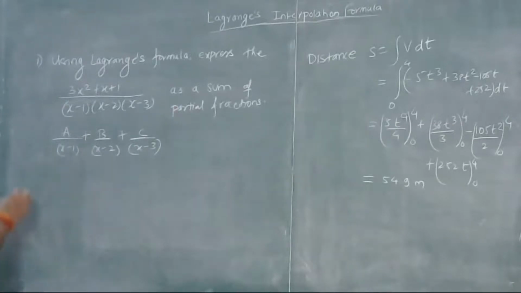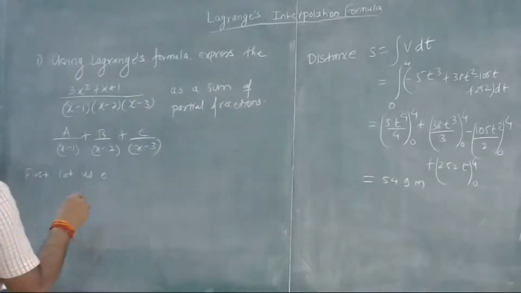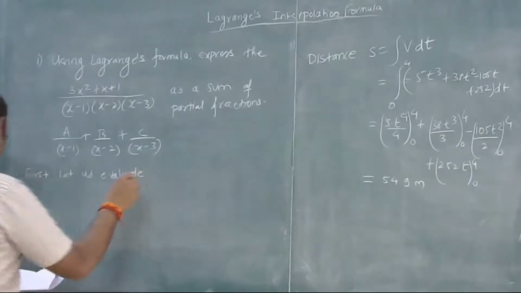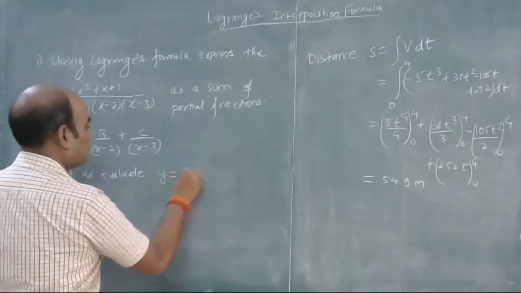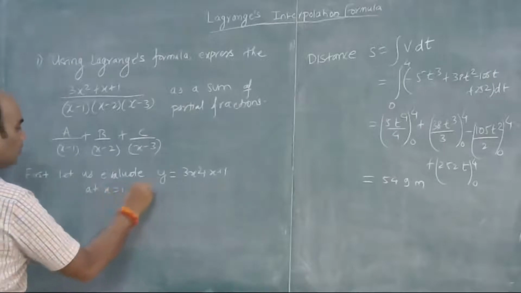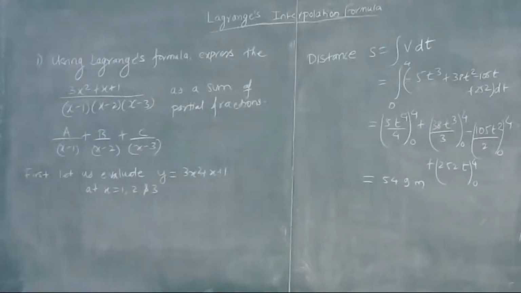First, let us evaluate y is equal to 3x square plus x plus 1 at x is equal to 1, 2, and 3.